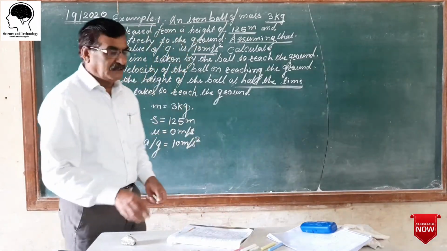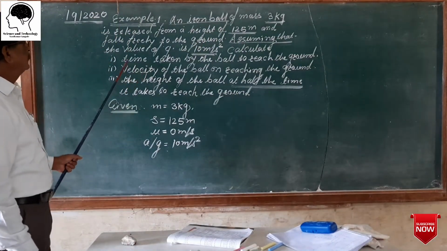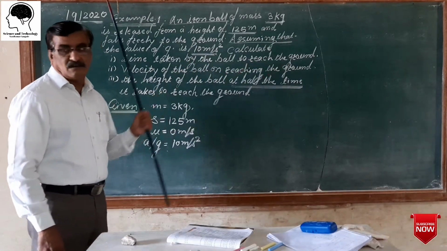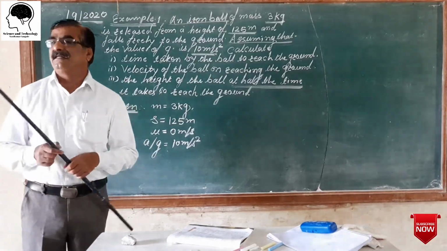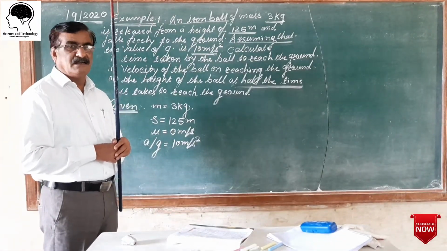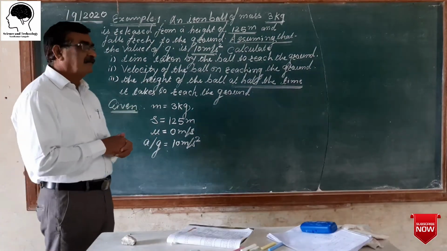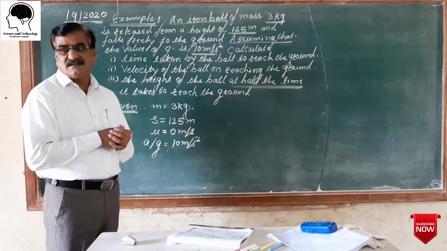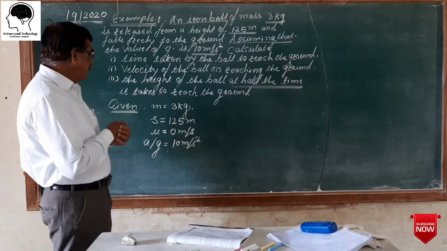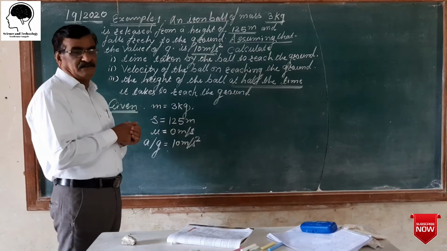Then think about this first question. What did they ask in the first question? Time taken by the ball to reach the ground. We have to use Newton's equations to follow this example. In this example they provided distance, they provided gravitational acceleration, they did not provide any velocity.